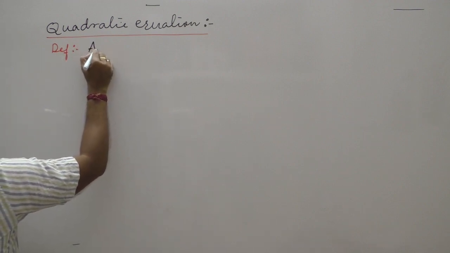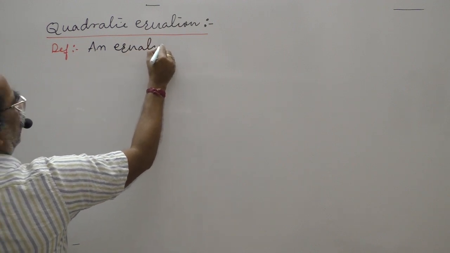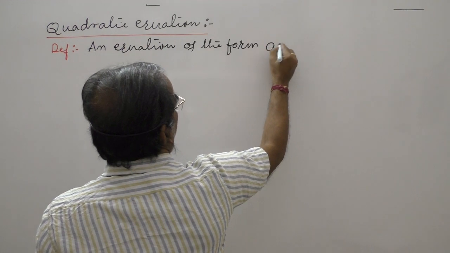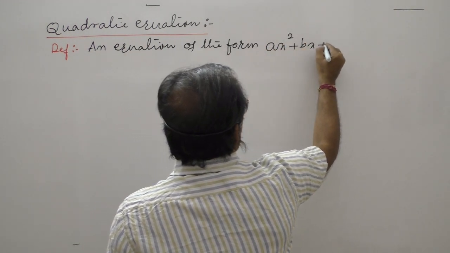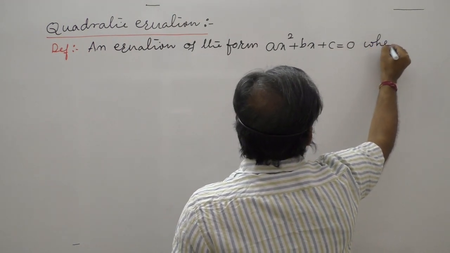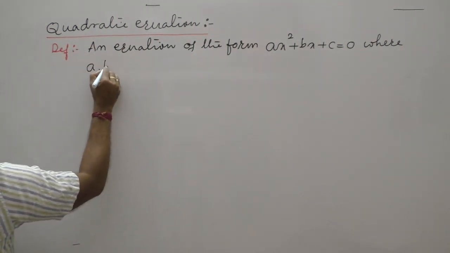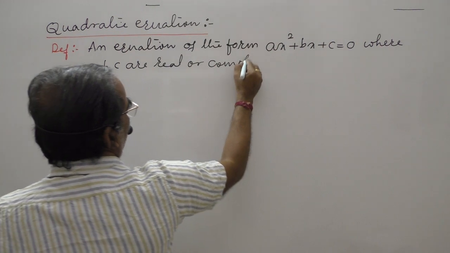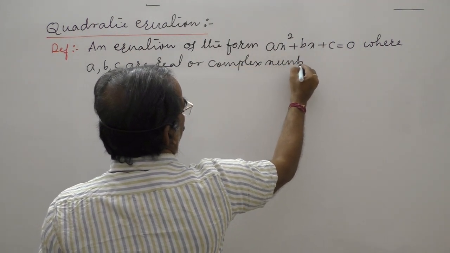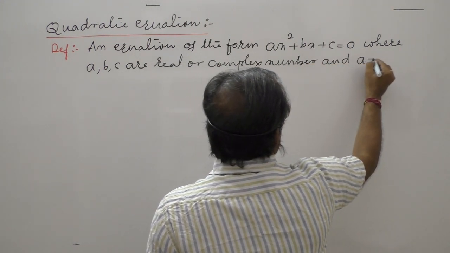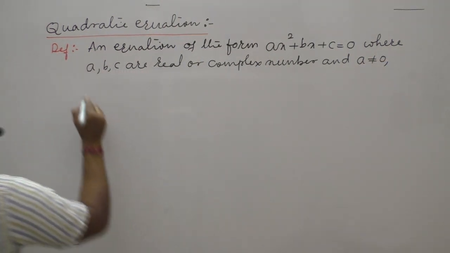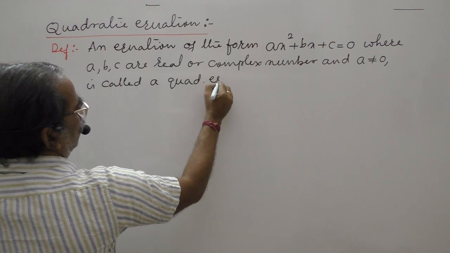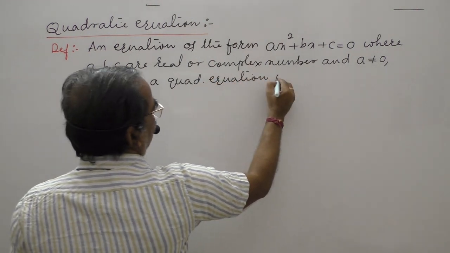An equation of the form ax square plus bx plus c is equal to 0, where a, b, c are real or complex numbers in which a is not equal to 0, is called a quadratic equation in the variable x.